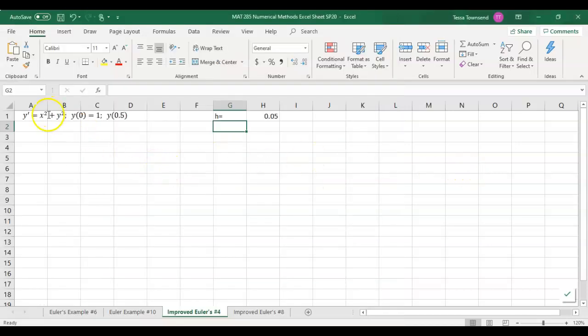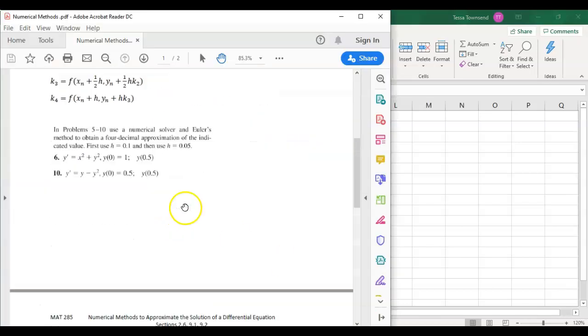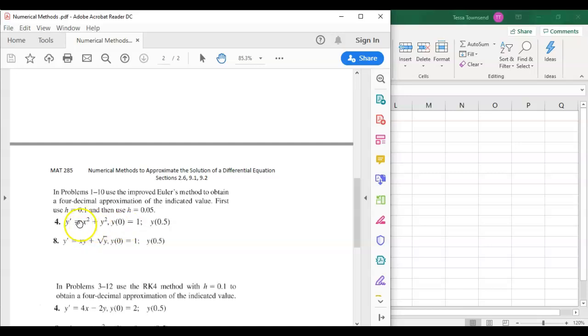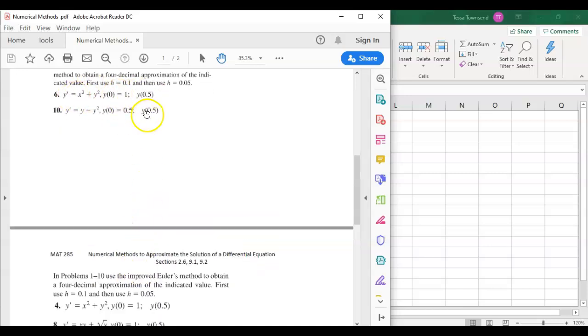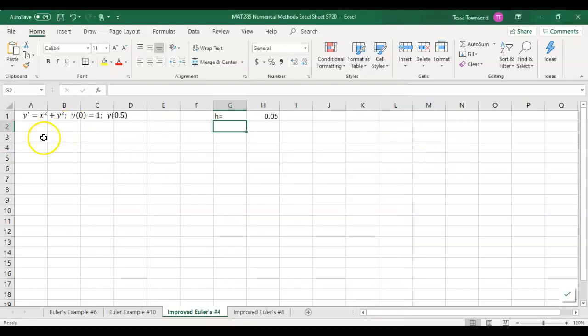So let's do it. We're looking at that fourth example in your notes here. That is the same differential equation that we had up here, so we should get something really similar in our final answer.